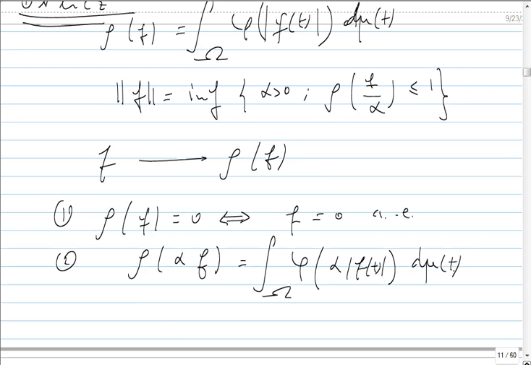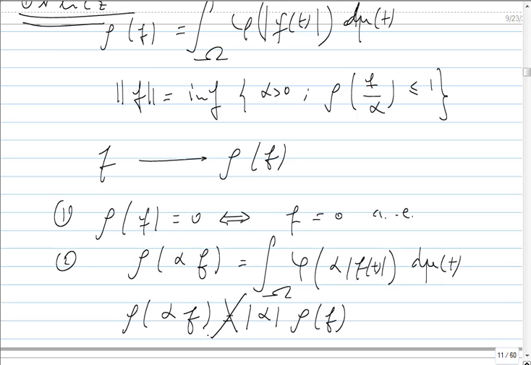And as you can see, there is no way alpha will come out, because it depends on phi, the function phi. So here we do not have rho of alpha f equal absolute value of alpha rho of f. This is not true.